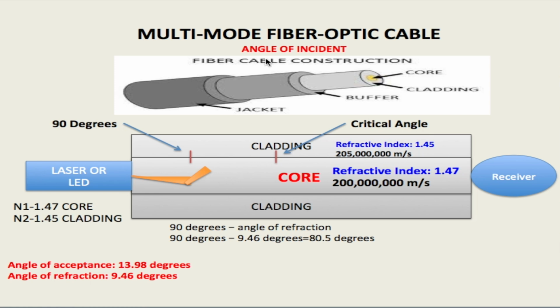So to calculate the angle of incidence is very simple. Just subtract the angle of refraction from 90 degrees. So we have our 90 degrees here minus 9.46 degrees, which is our angle of refraction. This angle here that we just worked out, the angle of refraction. We got 80.5 degrees. So we know that our angle of incidence is 80.5 degrees, so it will be somewhere in here.